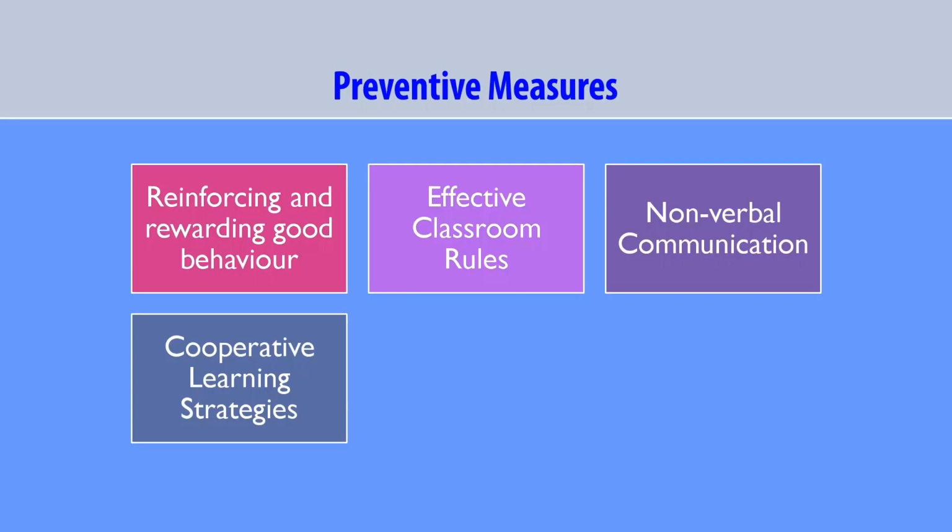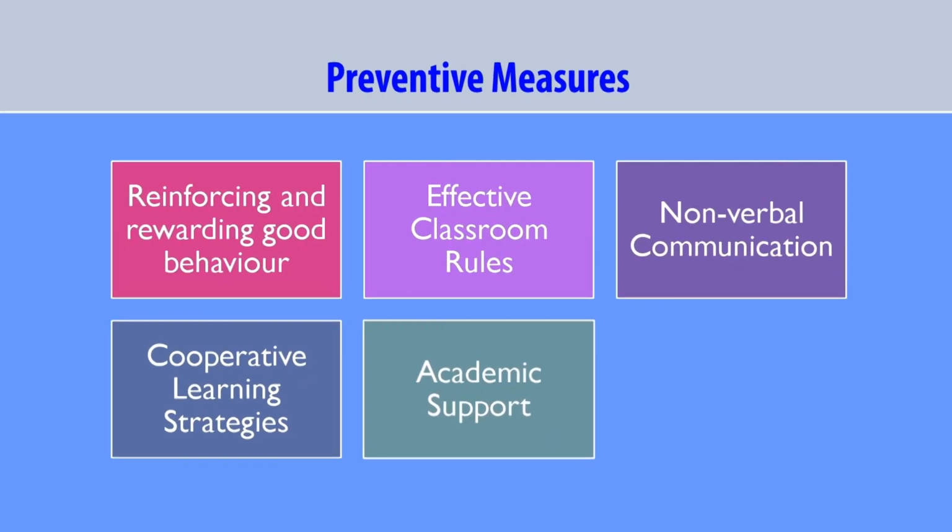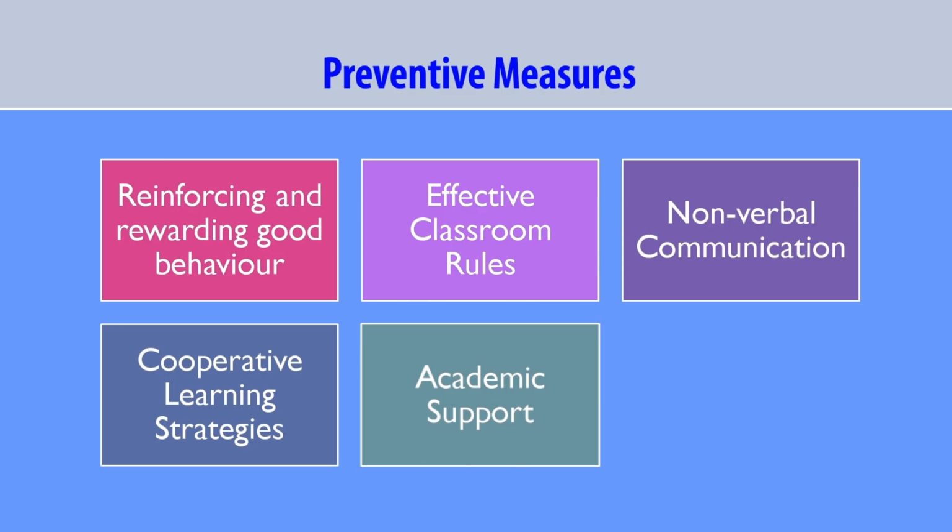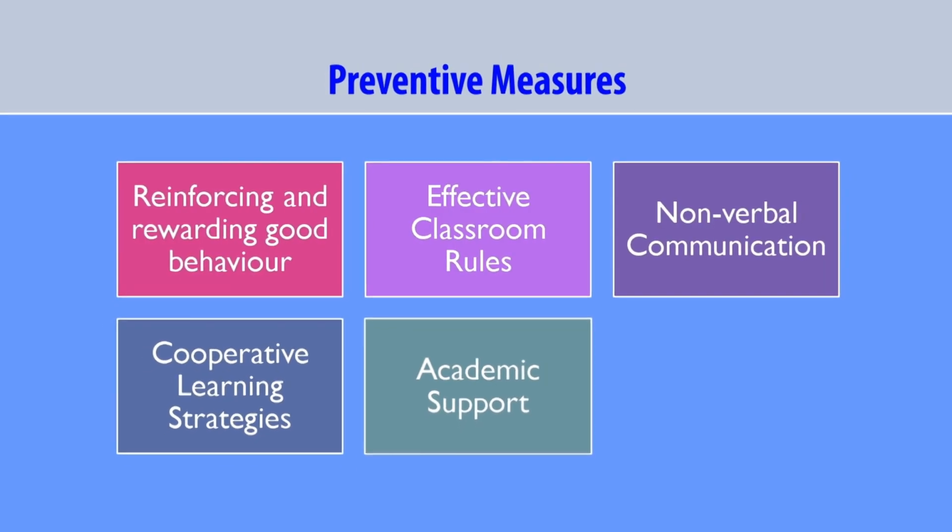Sometimes you may face a problematic situation because some students are not getting adequate academic support, maybe the slow learners, the students who are not matching the pace of learning with the average class. If they are not getting adequate academic support, they may misbehave, they may create certain behavioral problems. To avoid that, you need to identify such learners and plan in advance proper additional academic support for them.